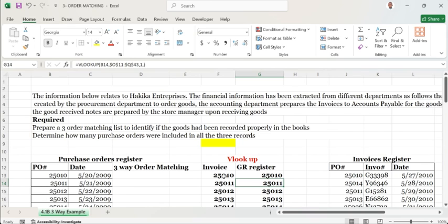So hapo unaweza andika tu ulitumia VLOOKUP, ndio usisahau. Now hapa huku mwisho tuandike what we call the three-way order matching. Like that.